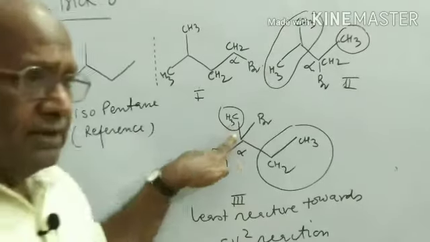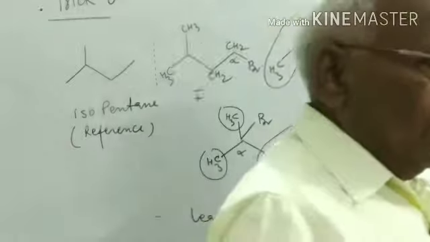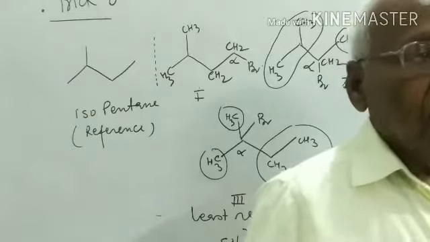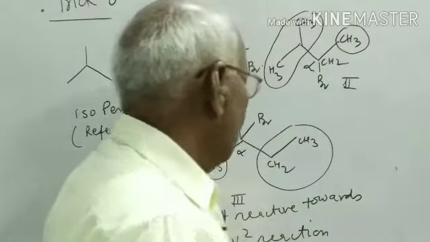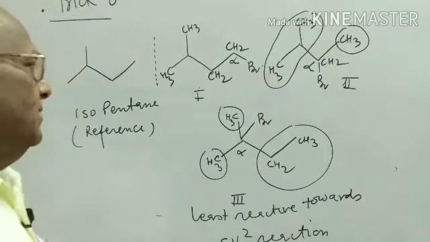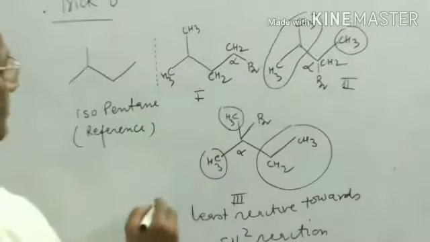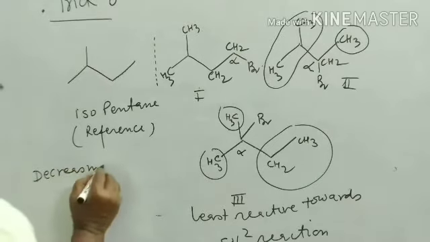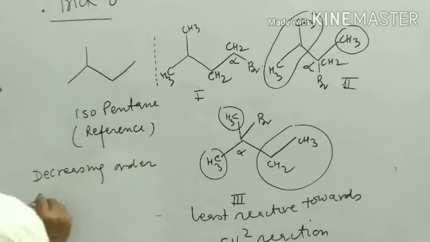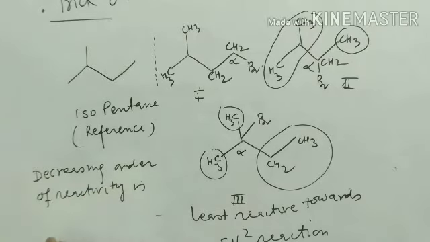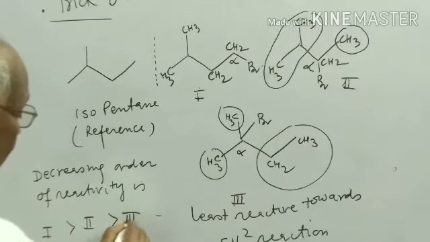You already know that in SN2 reactions, the attacking nucleophile attacks the alpha carbon atom from the back side. So when branching is more, it is difficult to attack from that side. So the decreasing order of reactivity is: first is more reactive than second, and second is more reactive than third.